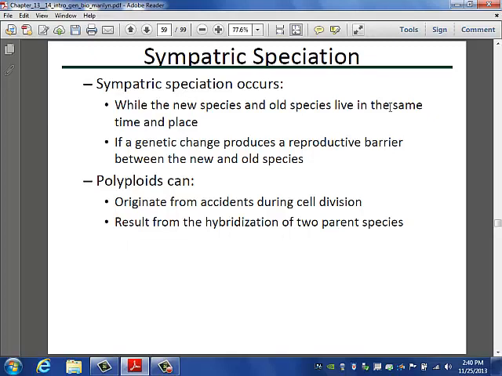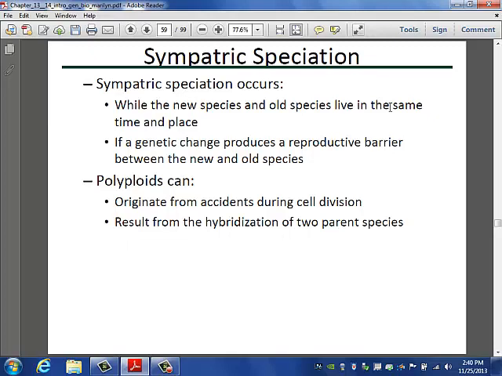Sympatric speciation occurs while the new species and old species live at the same time and in the same place. So again, what has to happen? They have to be able to reproduce and produce what? Viable offspring.